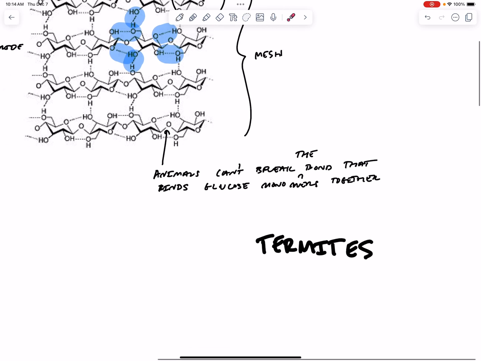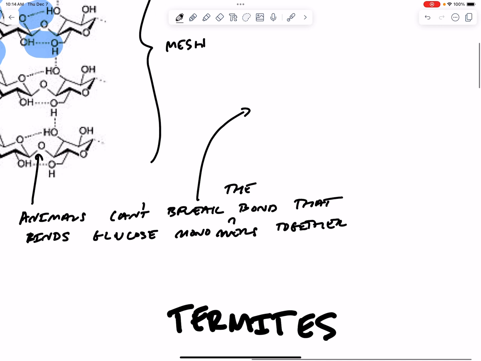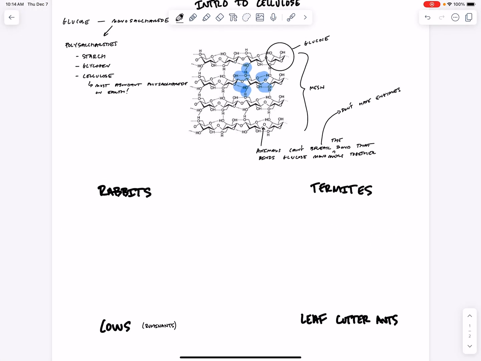So animals can't break the bond that holds these glucose monomers together, and as a result, they can't digest cellulose. The reason why they can't break the bond is because they don't have the enzymes that break the bond apart.